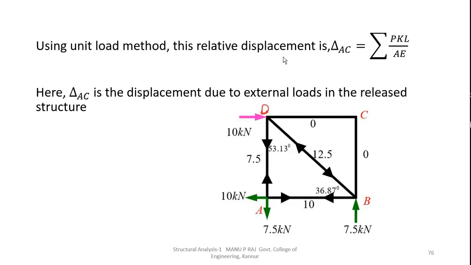Using the unit load method, this relative displacement delta AC will be equal to sigma PkL by AE. The unit load method for a truss member is sigma PkL by AE. So find out this delta AC from the unit load method.